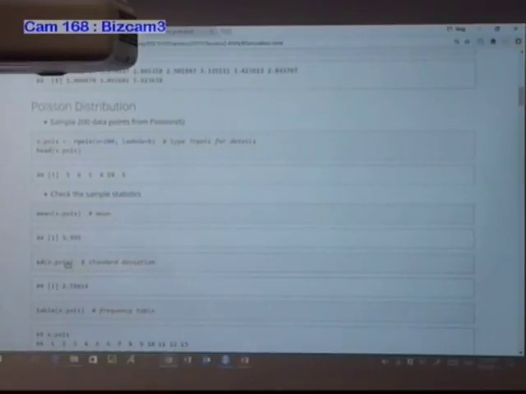And what's the standard deviation? Who knows the standard deviation of a Poisson with lambda being 6? What's the variance of a Poisson? Lambda. Variance is lambda, standard deviation is the square root of lambda. Roughly, maybe not exactly, since there are only 200 points.